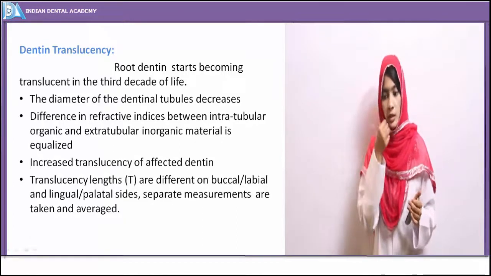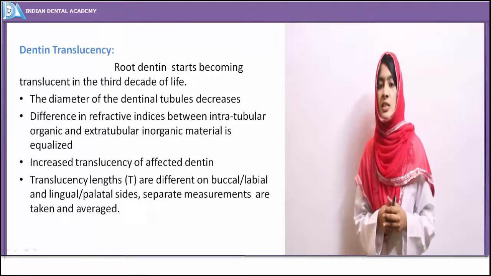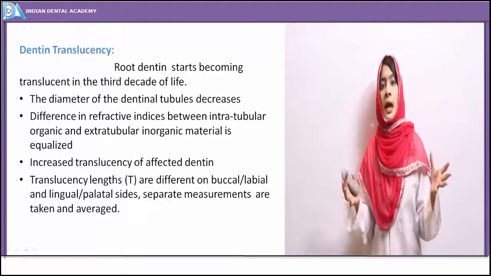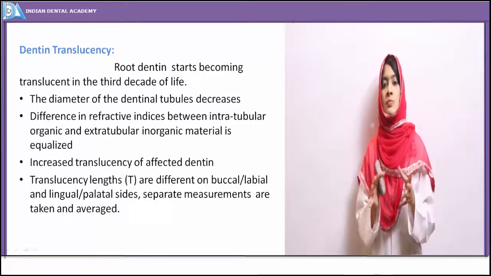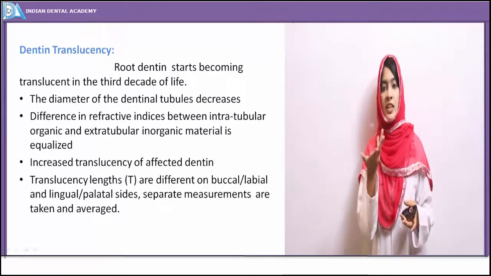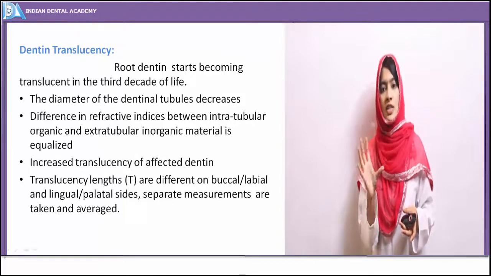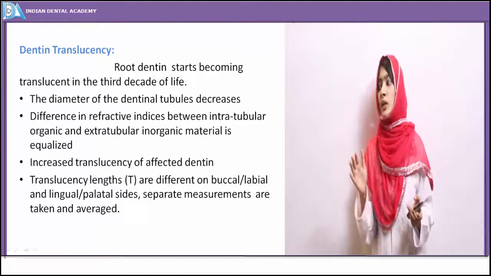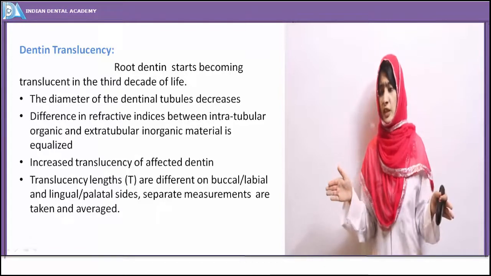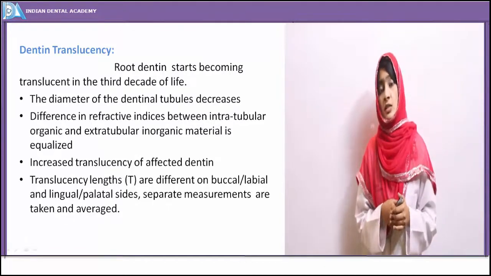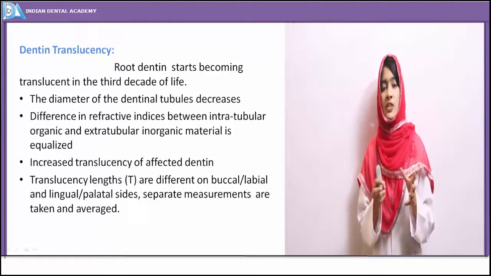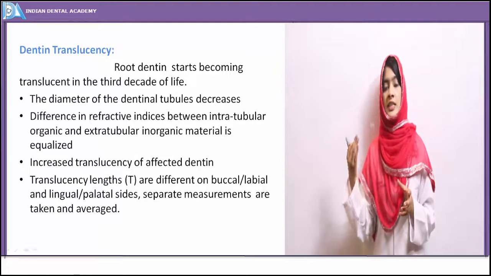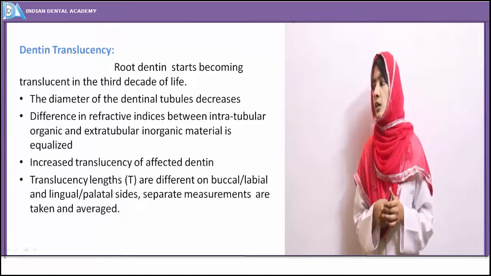According to this belief, the root dentin starts to become translucent in the third decade of life. The diameter of the dentinal tubule decreases because of deposition of calcified tissue intratubularly, inside the dentinal tubules. So there is a difference in the refractive index between the intratubular material and the extratubular inorganic material.